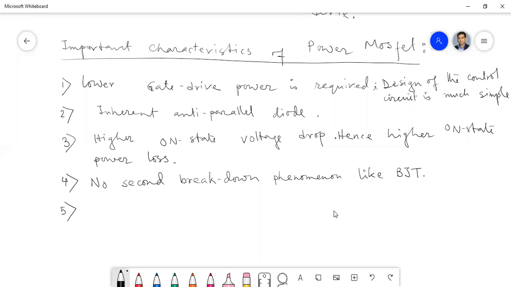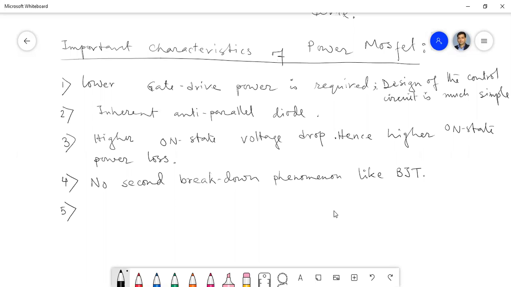I discussed at the very beginning, in the first class, that for power electronic switches, sometimes we need to connect multiple devices in parallel, and the important feature for that is thermal stabilization. Otherwise there can be a thermal runaway.